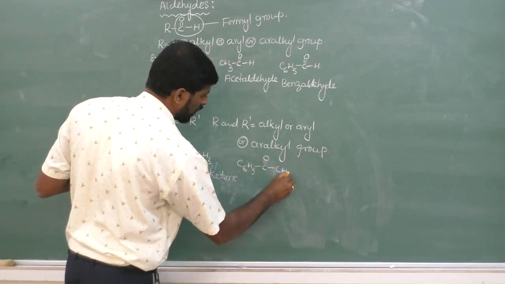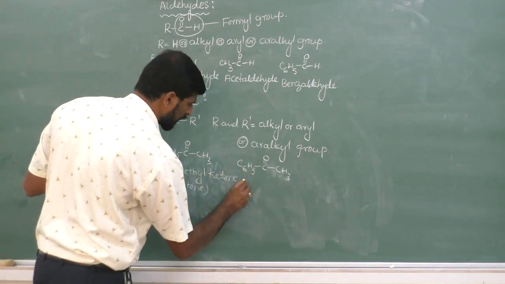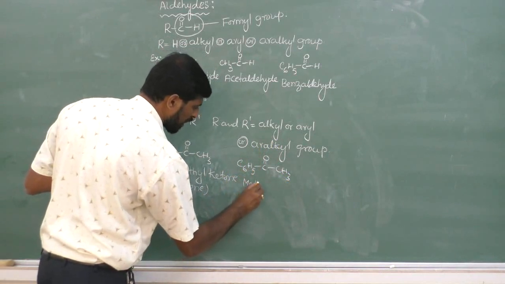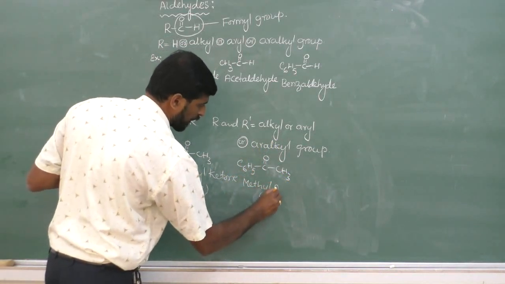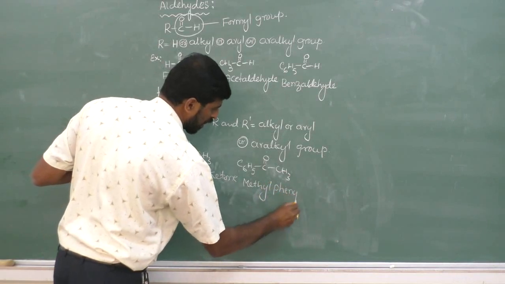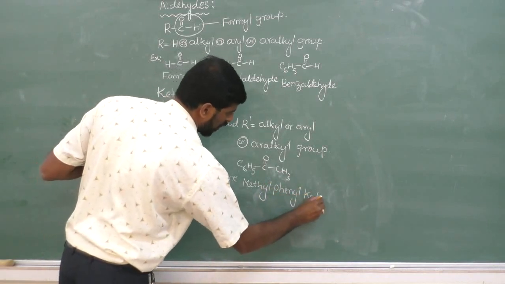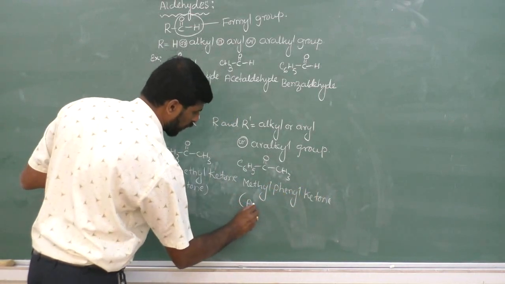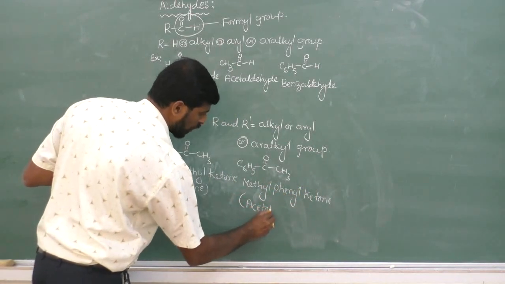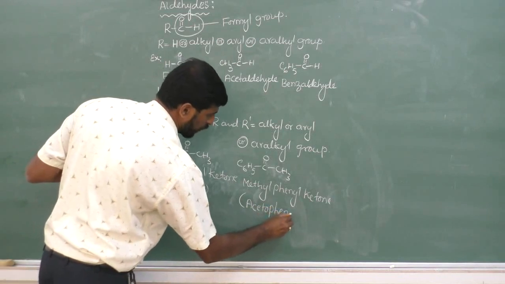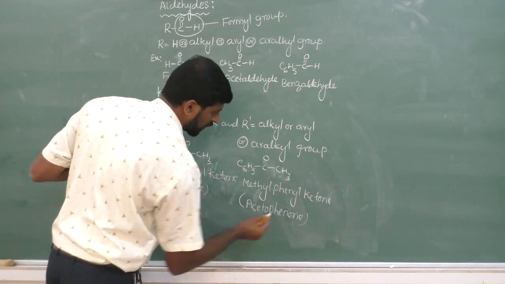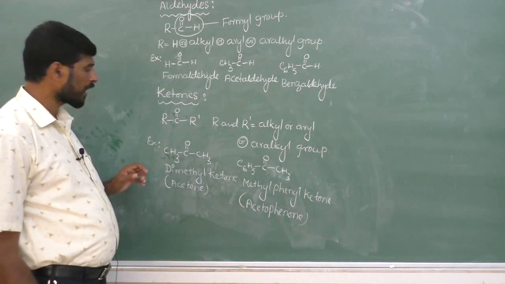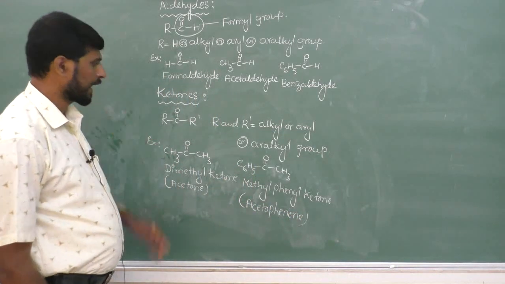C6H5COCH3. This is nothing but methyl phenyl ketone, or it is very popularly known as acetophenone. Okay. So, this is about the ketones.